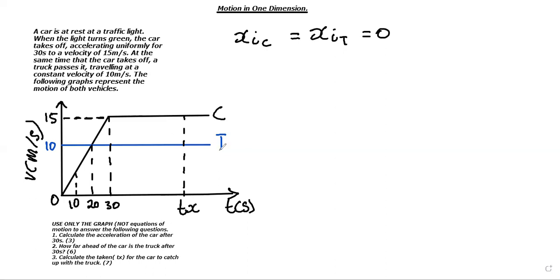So it has to have a certain position, and in actual fact, it does have an initial position. But remember, we are not interested in what happened to the truck before it passed the car. We are actually interested in the moment it passes the car up until. So we can safely say the initial position of the truck will be 0.